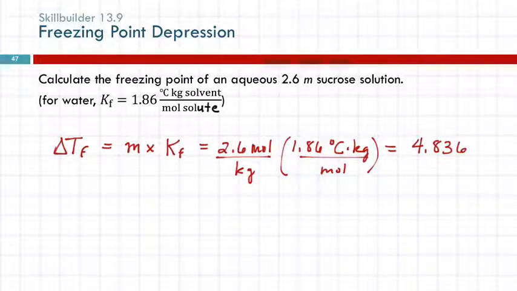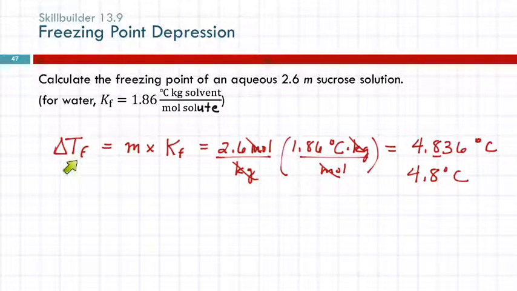Look what happens with the units. The moles cancel, the kilograms cancel. I'm left with degrees Celsius. If I consider significant figures, I should have 2. I have 4.8 degrees Celsius. Is that the freezing point? That's the change in the freezing point.